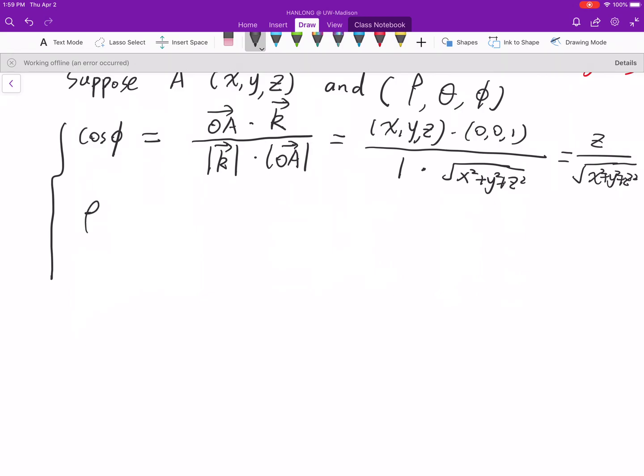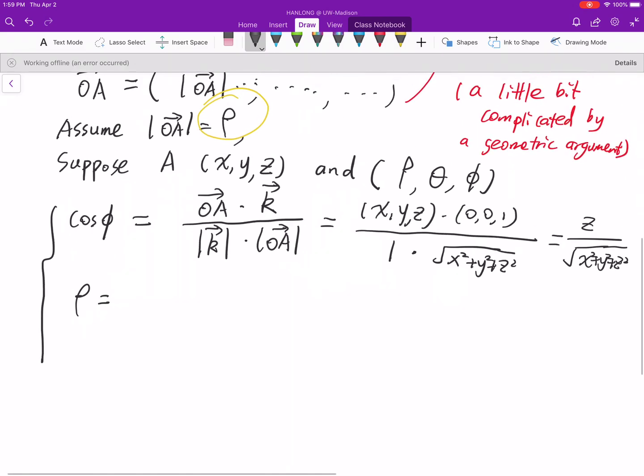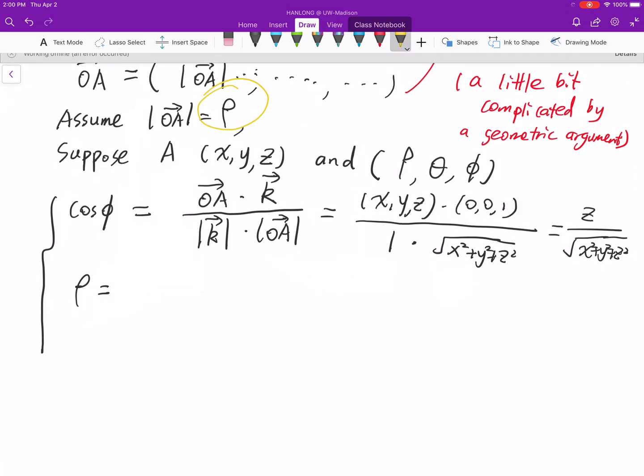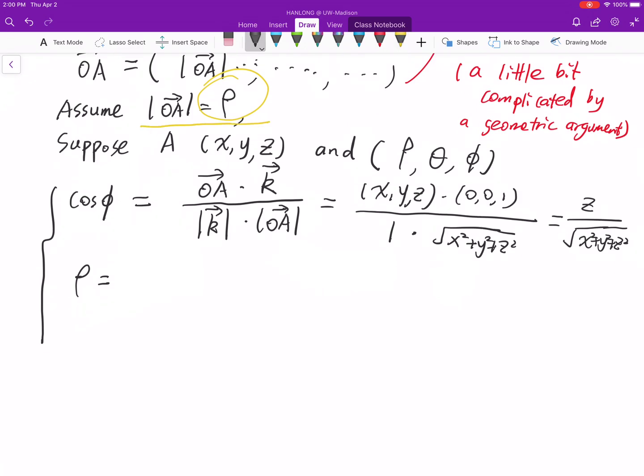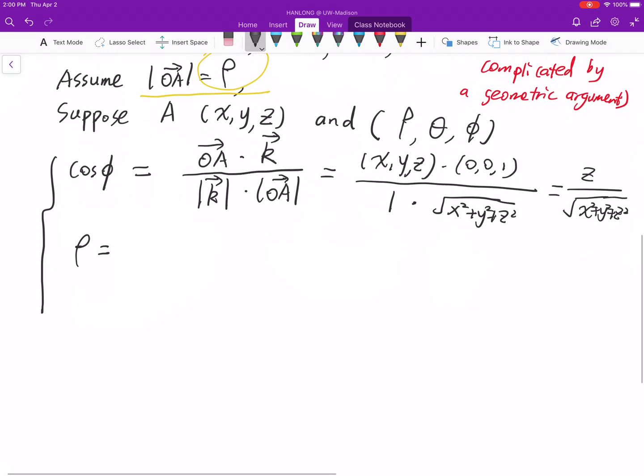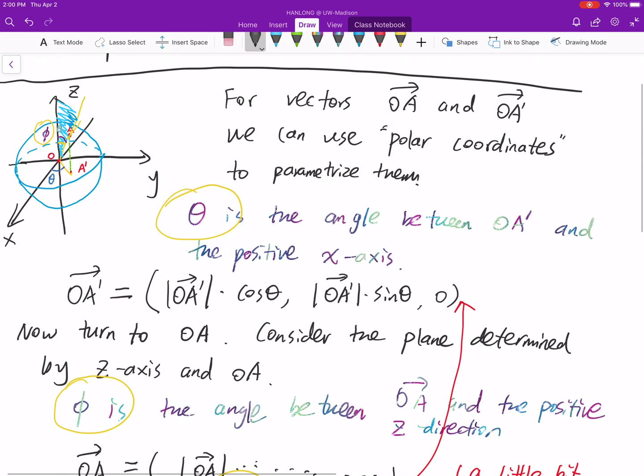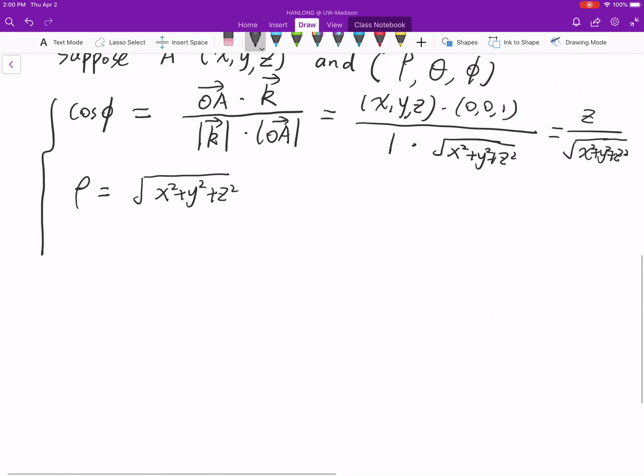Now what is rho? Rho is easy because by definition rho is the length of vector OA, so you have rho equals the square root of x squared plus y squared plus z squared. And then what is cosine theta?